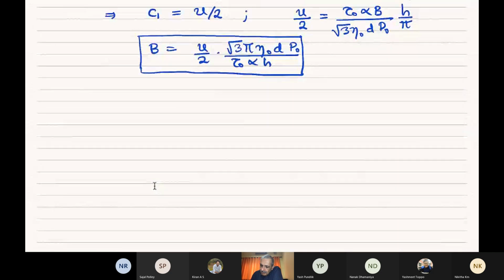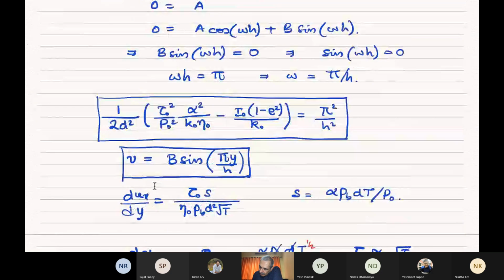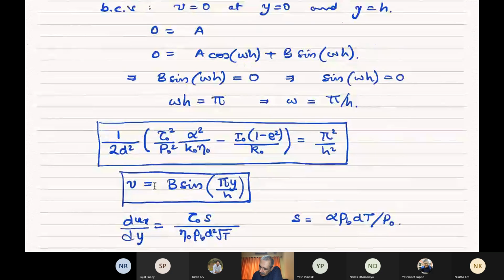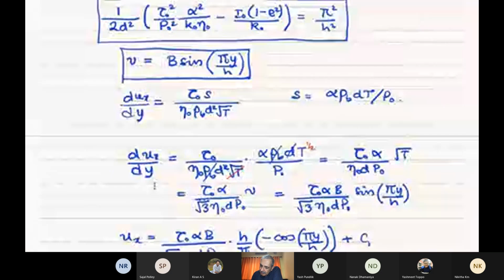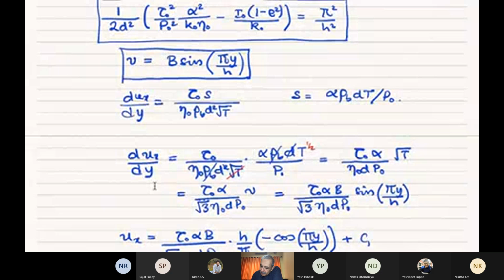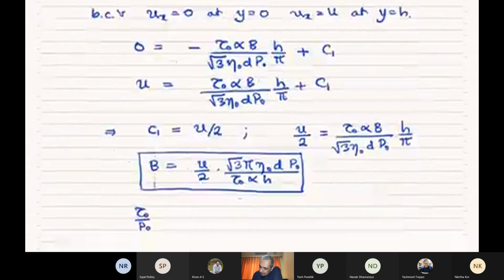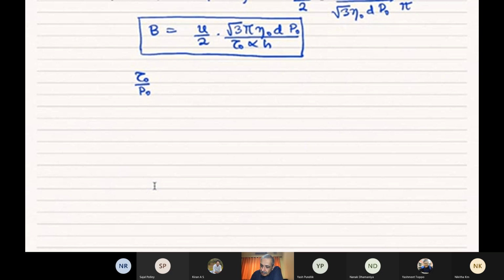And so I can easily get what is tau 0 by p0 from that equation. So if I invert this equation, I can get an expression for tau 0 in terms of all these other variables. Again, this is an easy thing to do, so I'll just write down the final result.